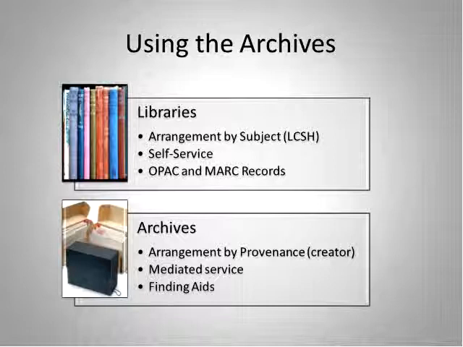So my two books in the library might be in two different places under two different subjects. But if I donate my research material to the archives, then my notes to both of my books will be arranged in a collection under my name that lives in the same place in the archives.